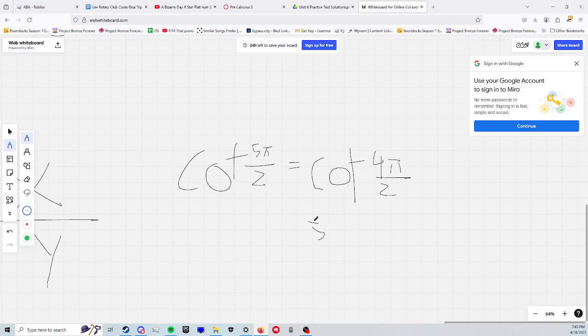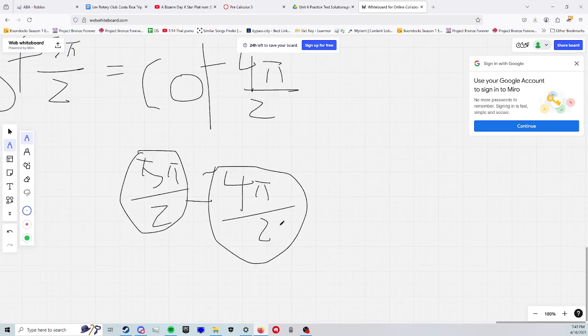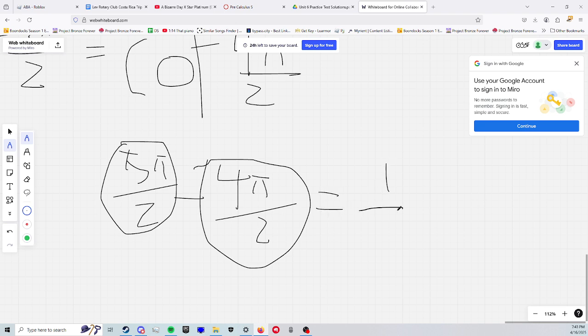So 5 pi over 2 minus 4 pi over 2, where this is the original value and this is a full circle. That's why we're subtracting. So now we're left with pi over 2. Pretend it's not 5 pi over 2; it becomes pi over 2 because you already went one full circle.